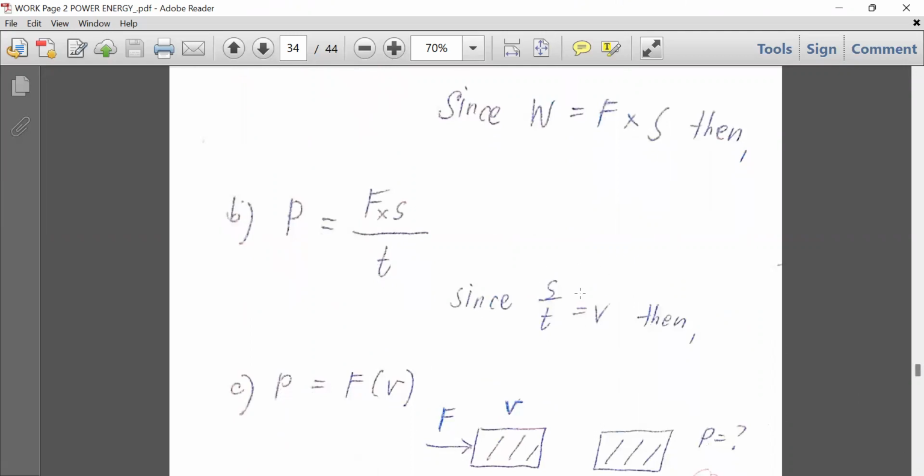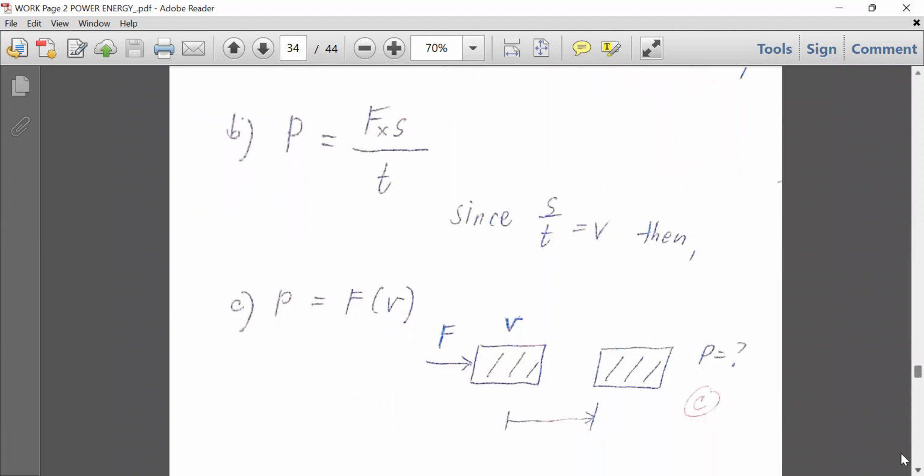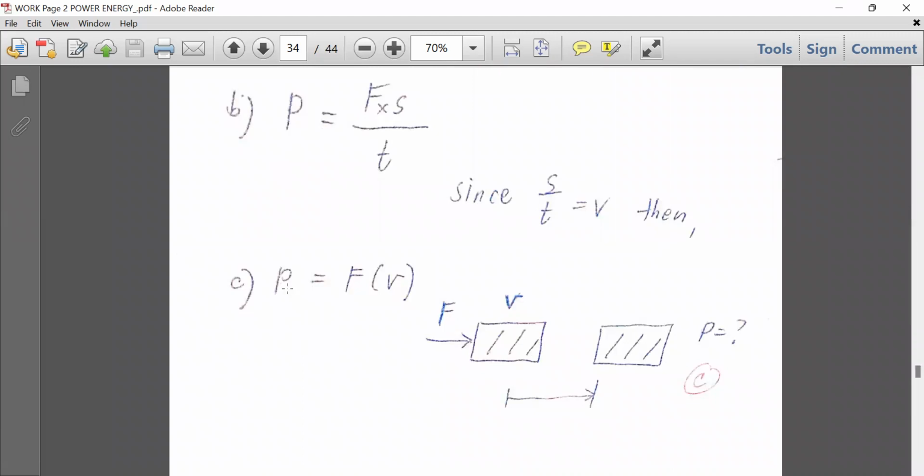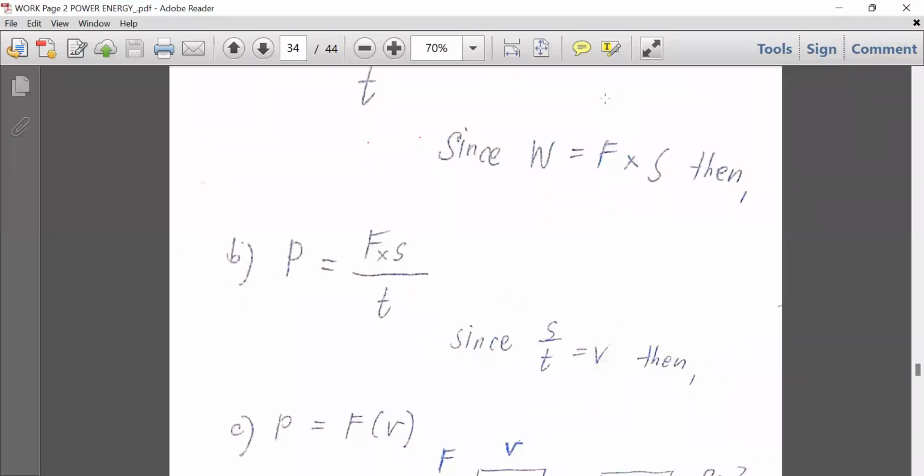But remember that displacement over time is equal to velocity. Since displacement over time is equal to velocity, we can write power as force times velocity. So S over T is V, and this is force.